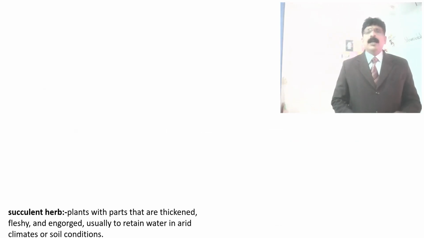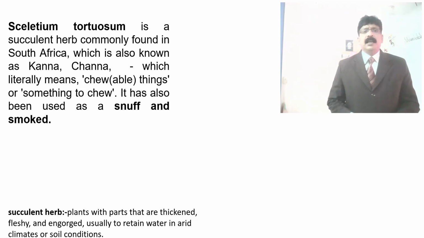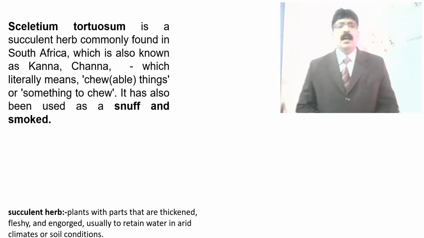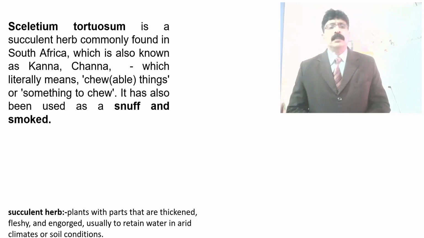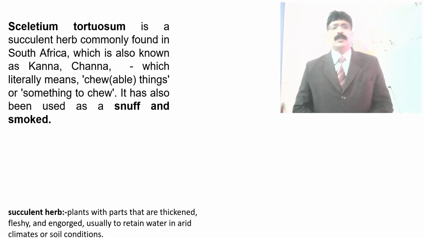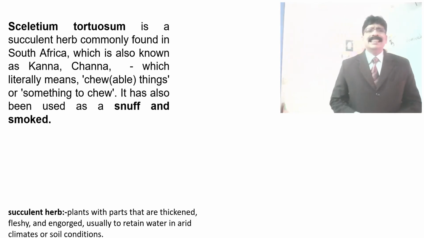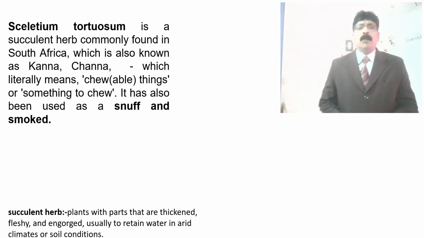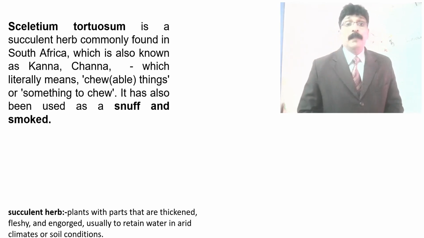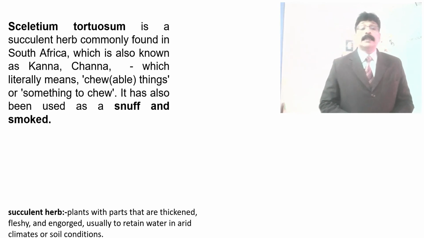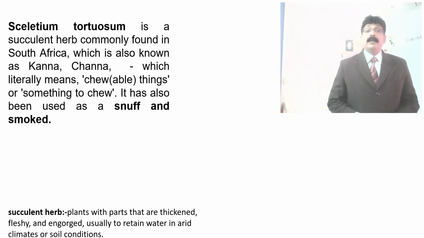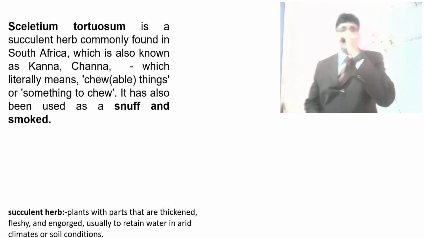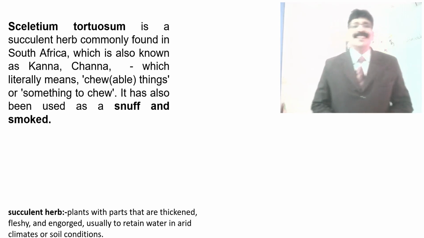Succulent herb, which comes in this. Sceletium tortuosum is a succulent herb commonly found in South Africa, which is also known as kanna, which literally means chewable thing.